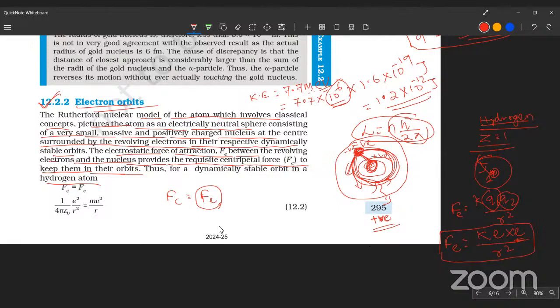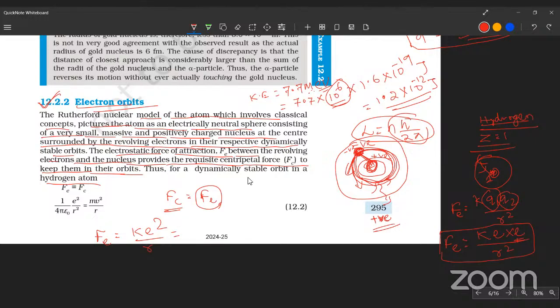Now we can write that this electrostatic force Fe equal to K e square by R square. We can write that K e square by R square equal to centripetal force. What is centripetal force?